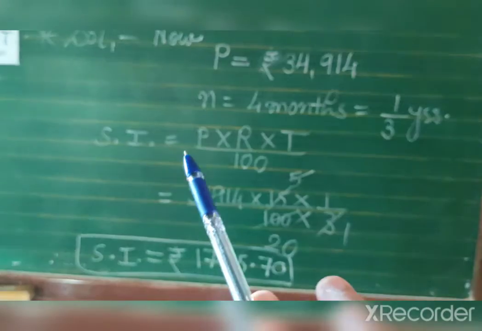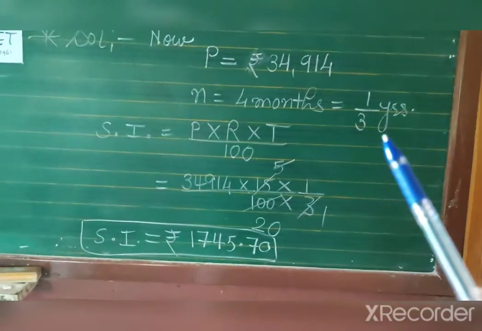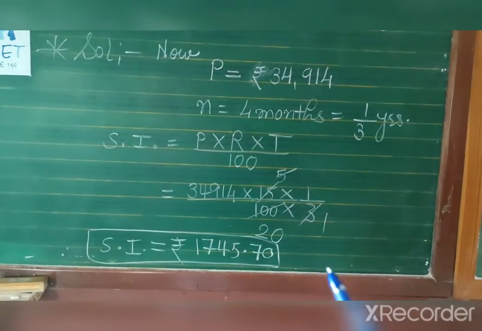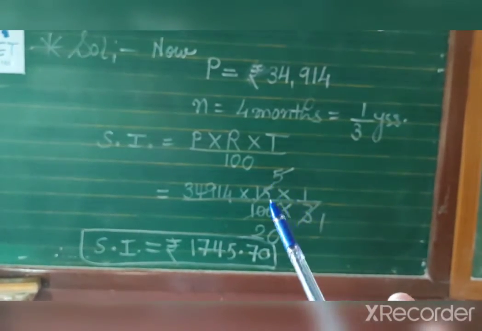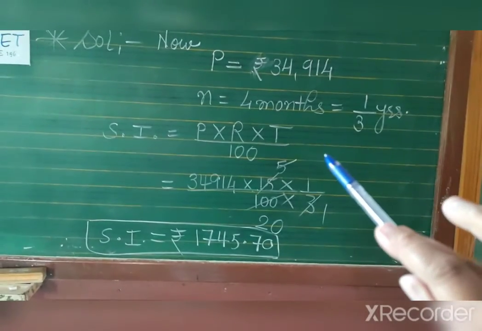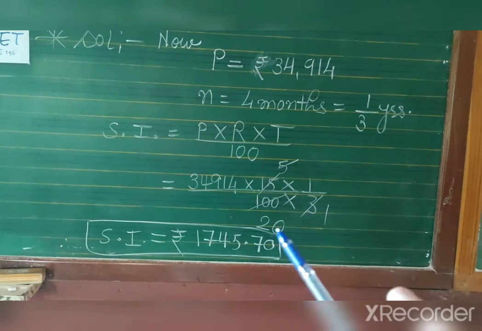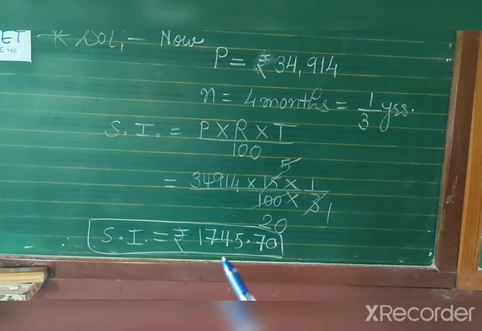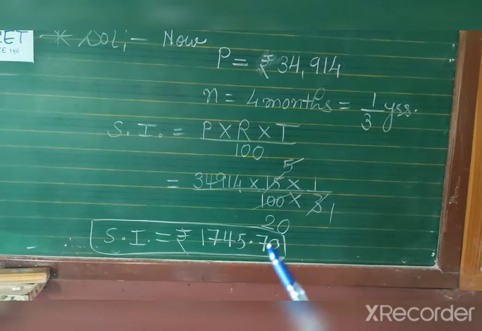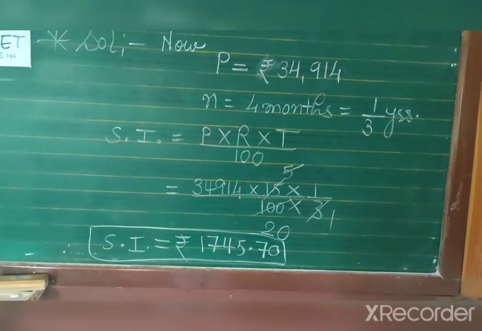Now simple interest is P into R into T upon 100: 34,914 into 15 into 1 upon 3 upon 100. 15 divided by 3 is 5, and then 100 divided by 5 is 20. Now 34,914 divided by 20, you will get 1,745.70, that means 1,745 rupees and 70 paisa.